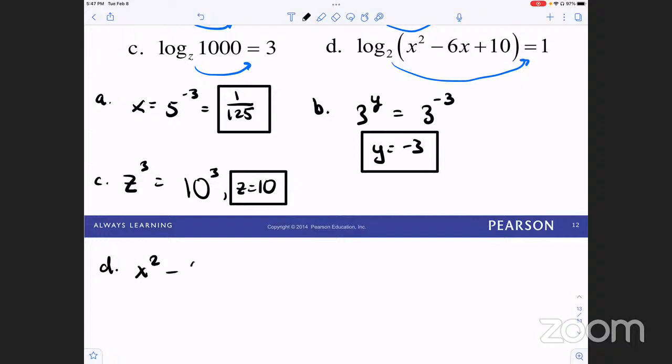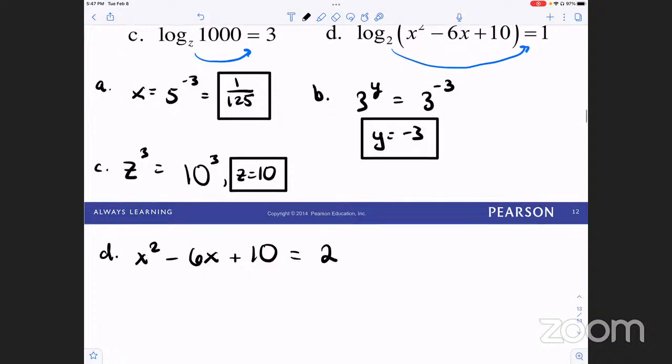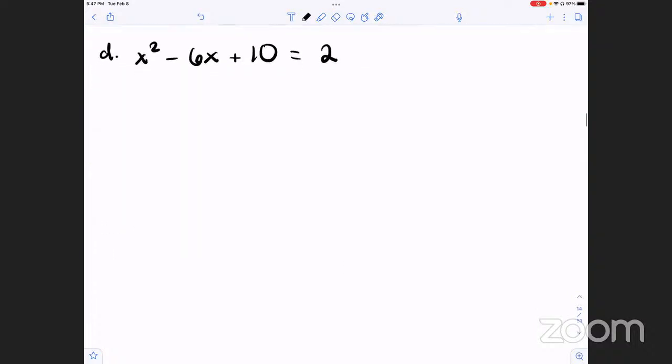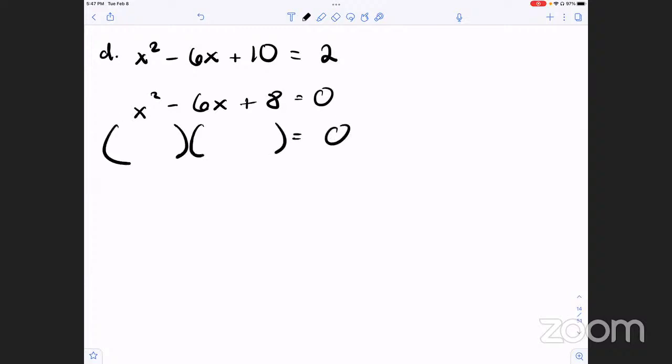x squared minus 6x plus 10 equals 2, right? Because it's 2 to the power of 1, which is just 2. So this is just solving the trinomial. We can set it to 0 and factor if we subtract 2 from both sides. We'll have x squared minus 6x plus 8 equals 0. So then we're trying to see, can we factor this into some form like this, where we have x and x here?